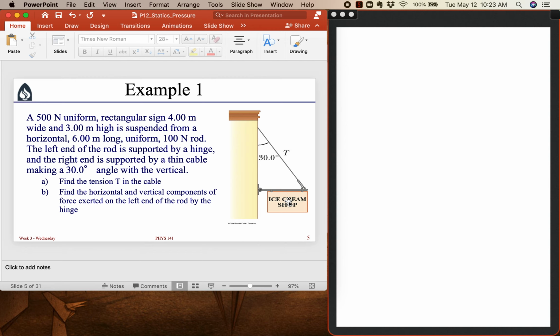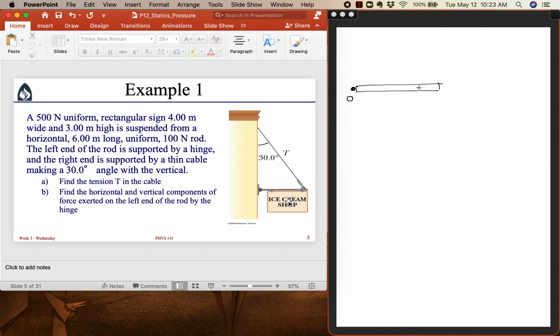So if I'm drawing a picture of the rod, here's my rod, and I know that at the left end of the rod, it is supported by a hinge. And I'm going to make the hinge my origin, and that's for multiple reasons.